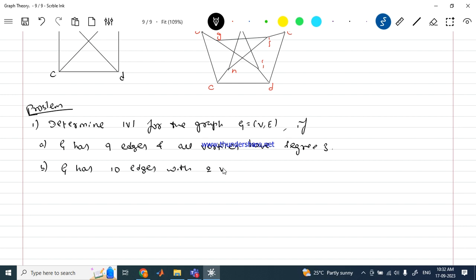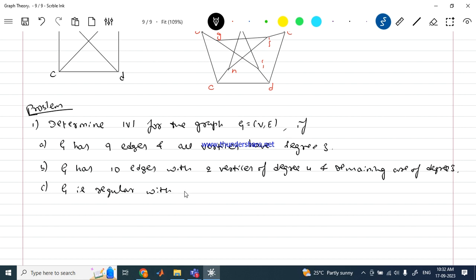with 2 vertices of degree 4 and remaining vertices are of degree 3. And C, G is regular with 15 edges.